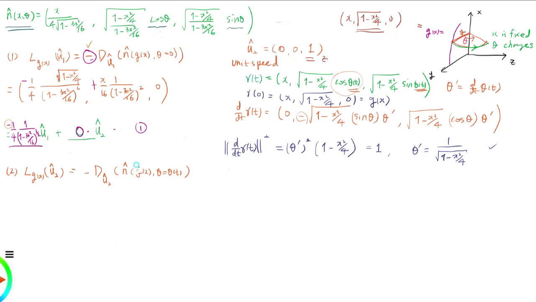And actually the unit speed unit normal vector field lies on this unit speed curve gamma of t. Okay, so let's take a t derivative first here.